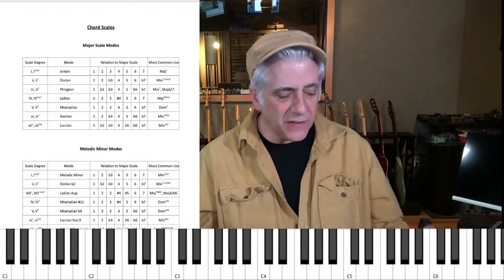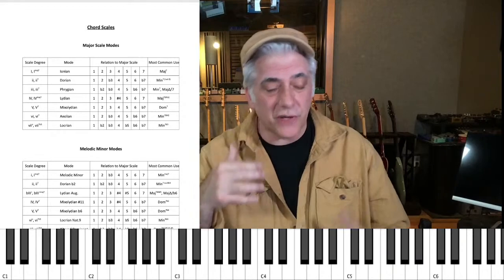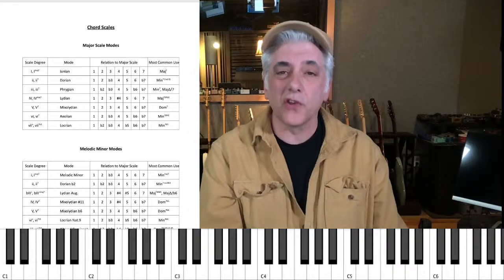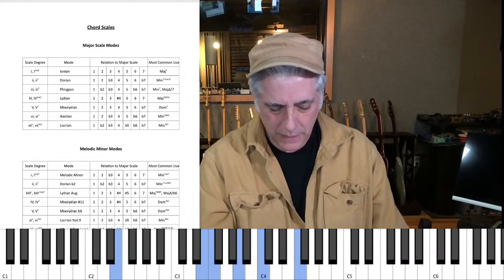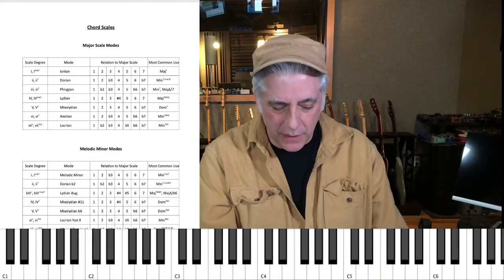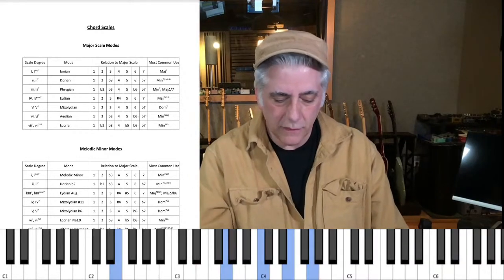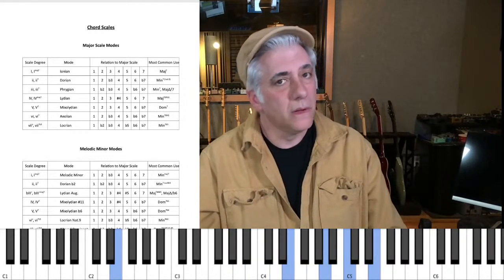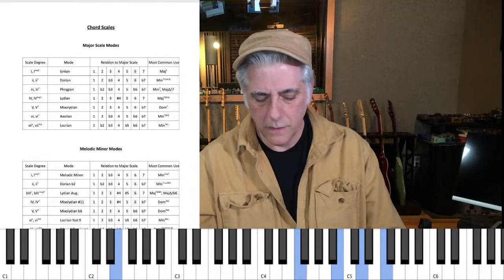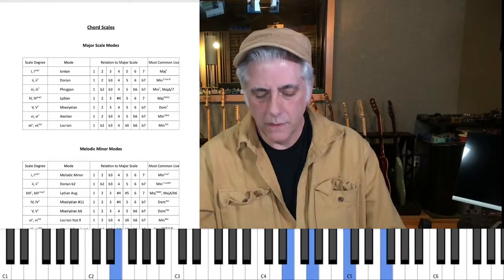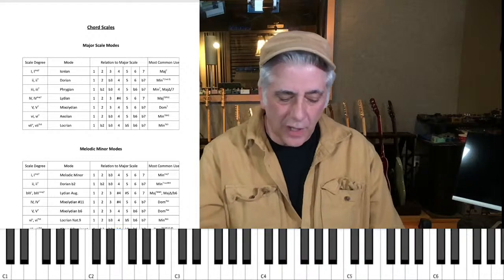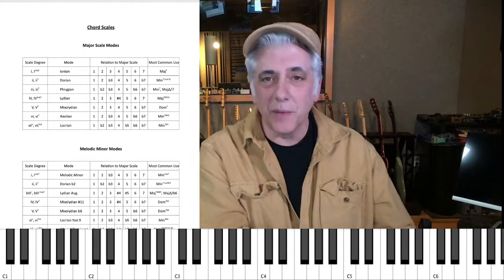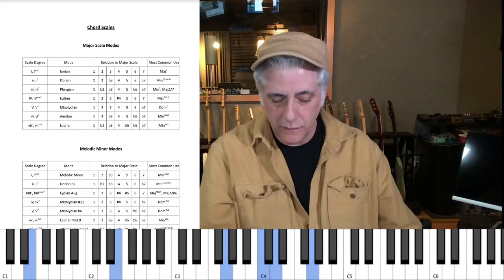Okay, let's say I did it in E Phrygian, it'd be easier to see because it's all white notes, right? Sorry, I did F major over E. So I'm using all the white notes because we know that E Phrygian is E in the bass and all the white notes.